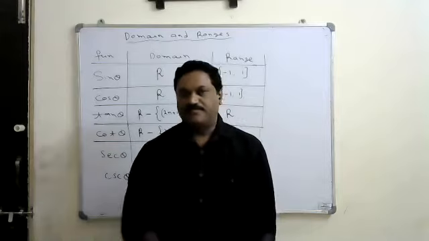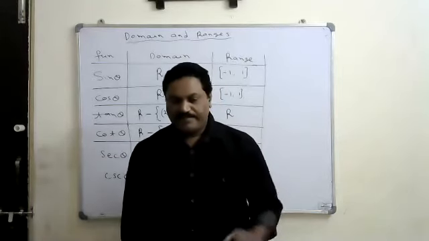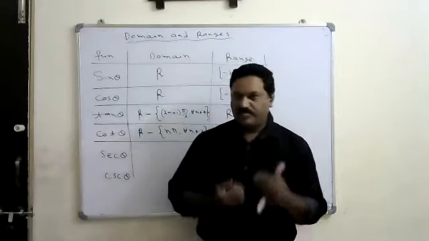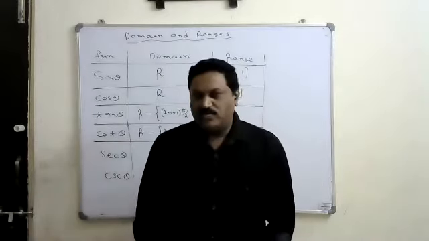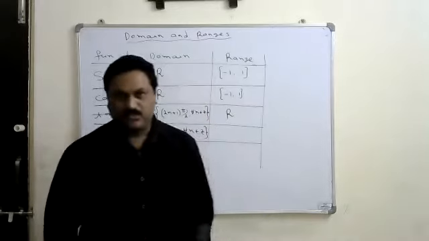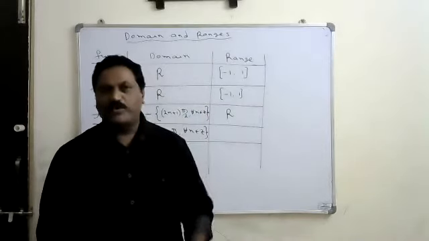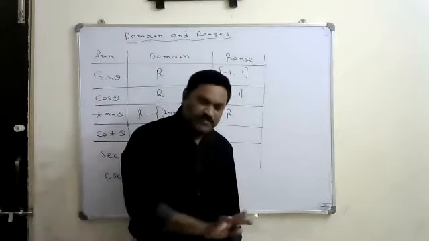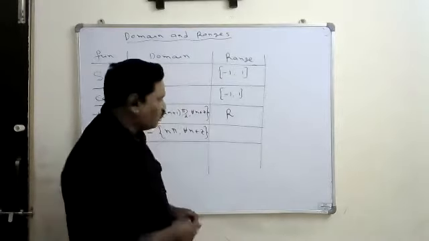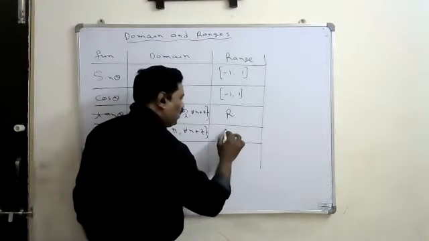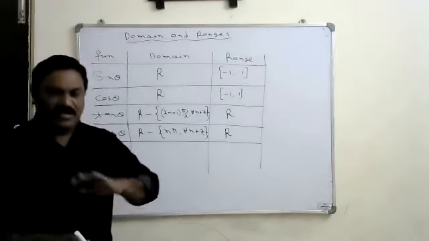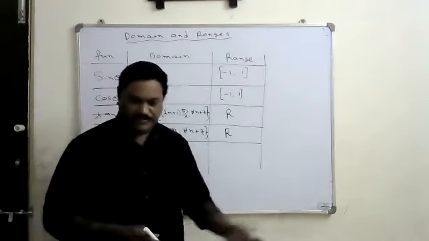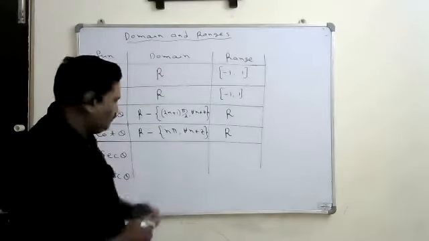Minus infinity will also be there, because cot is negative if you take the angle in the second or fourth quadrant, so you get minus infinity also. That's why cot also gives values between minus infinity and plus infinity. That's why the range of cot is also R. It gives all real values.